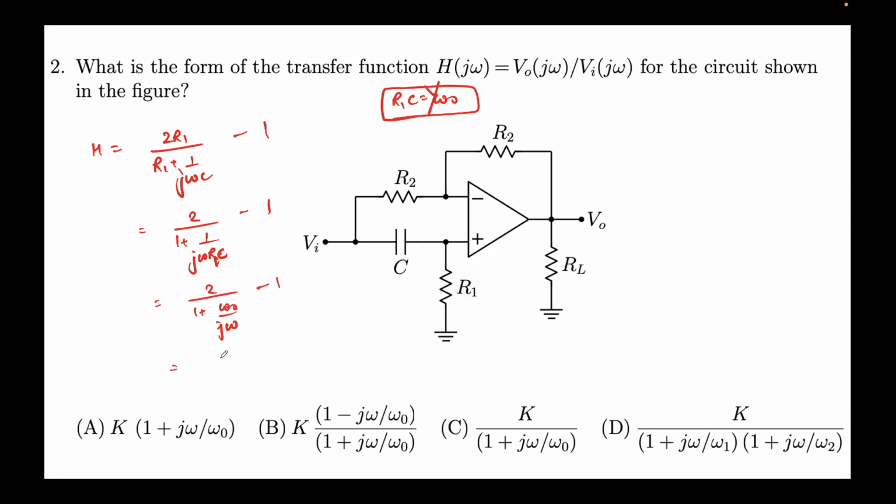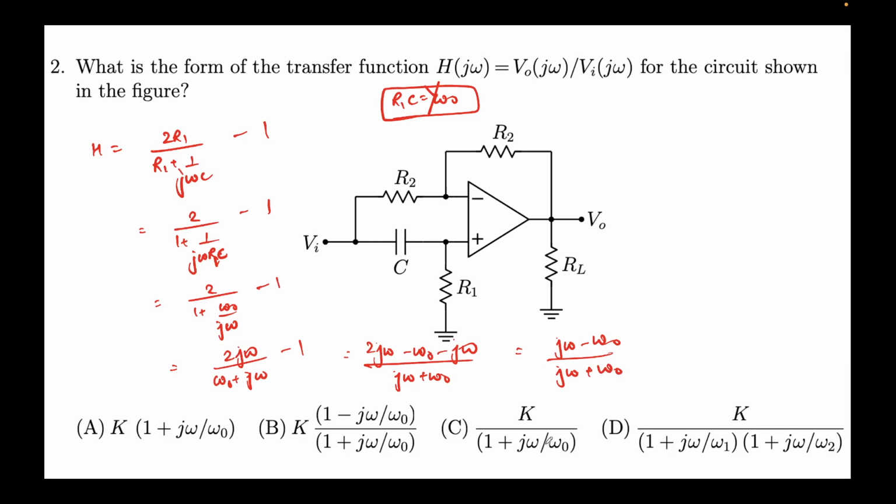So it will come out to be 2 times j omega upon omega naught plus j omega, minus 1. If you solve it even further, it will come out to be 2 j omega minus omega naught minus j omega upon j omega plus omega naught. So one of the j omega gets cancelled out. What we'll get is j omega minus omega naught upon j omega plus omega naught.